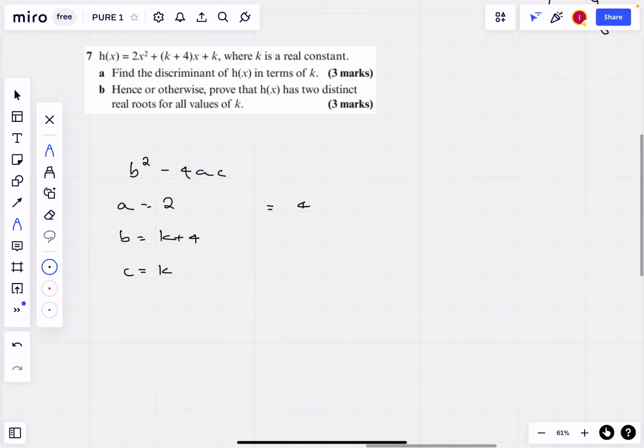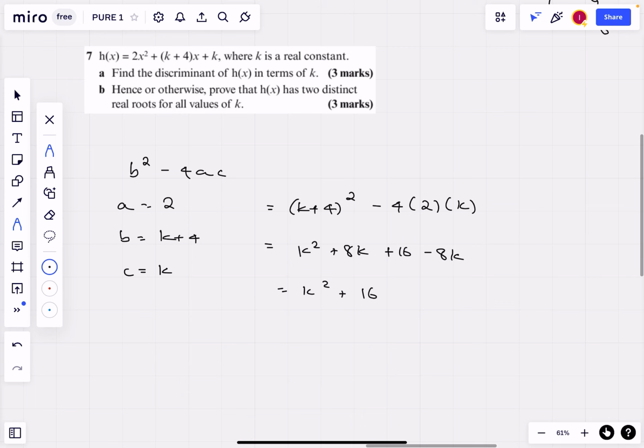Substitute those in. So k plus 4 all squared minus 4 times 2 times k. So k squared plus 8k plus 16 minus 8k, k squared plus 16. 8k minus 8k is 0. So k squared plus 16, that is your discriminant.